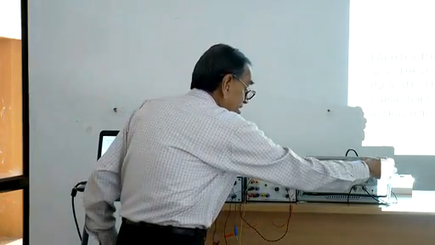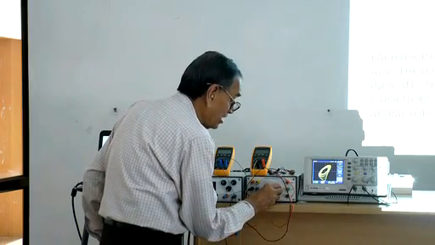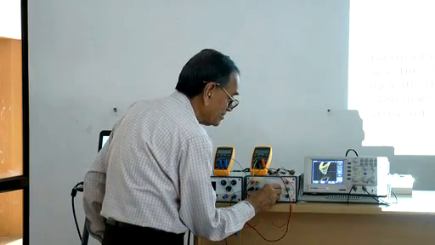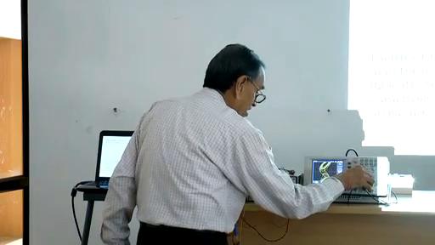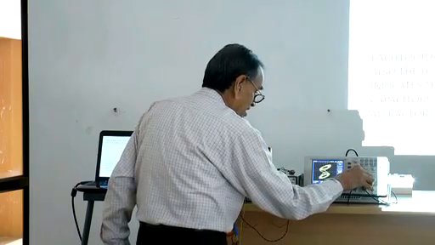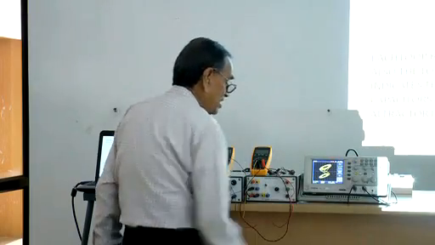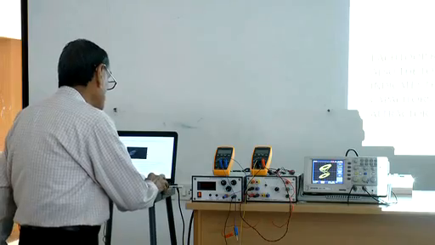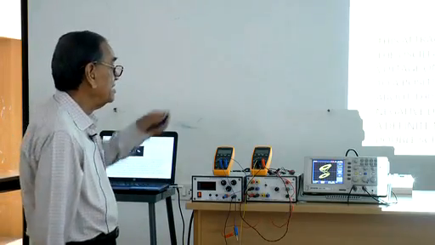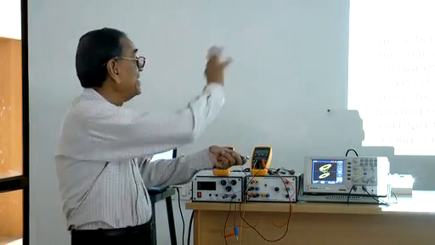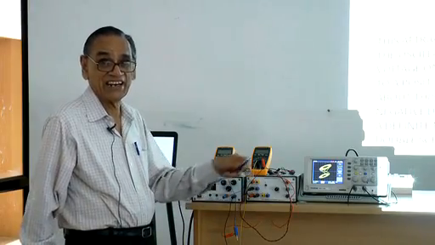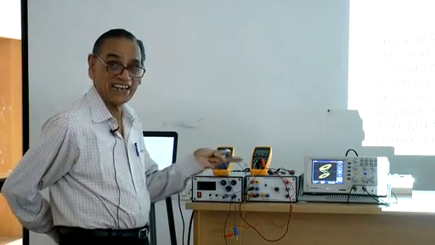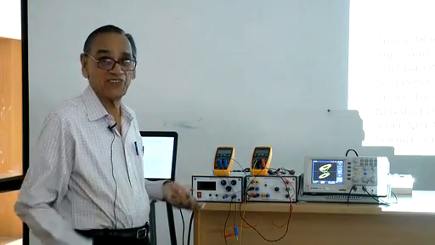I will turn this pot some more. And now you will see the figure here is turned 90 degrees to this figure because I have connected the channels in a different way.